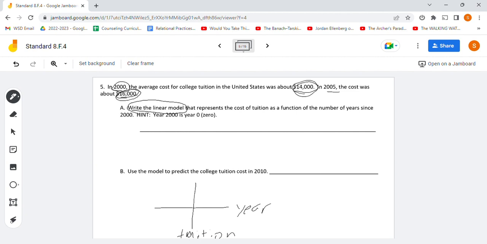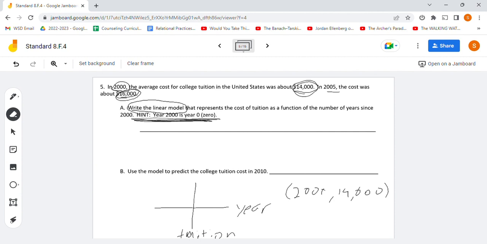Now, this line right here, hint, the year 2000 is year 0, is going to make our work a lot easier, because if I take this ordered pair, I say the year 2000 got us a tuition of $14,000, then that is going to be a really, really awkward point to graph.